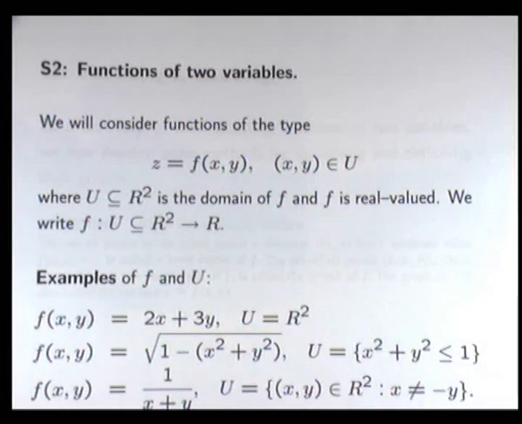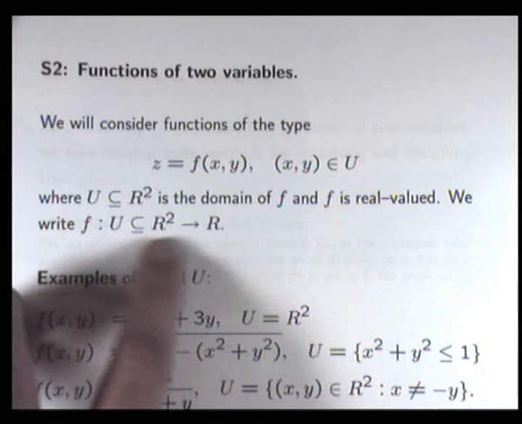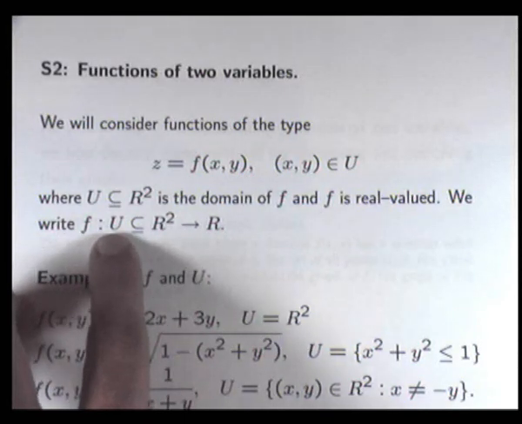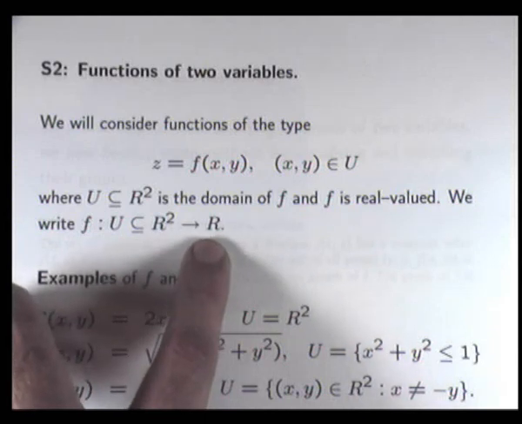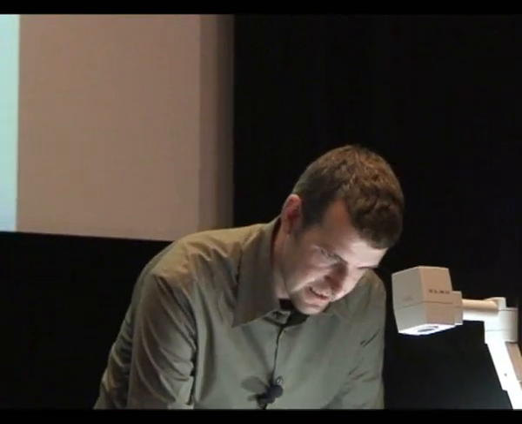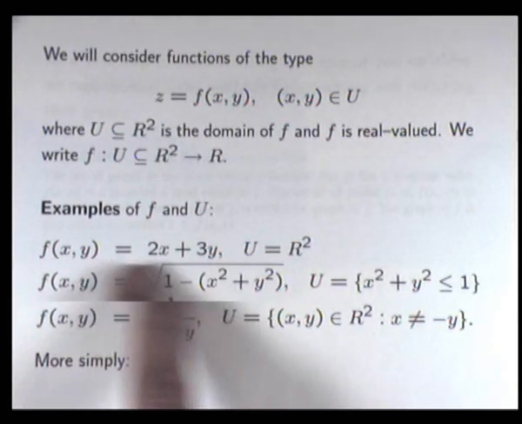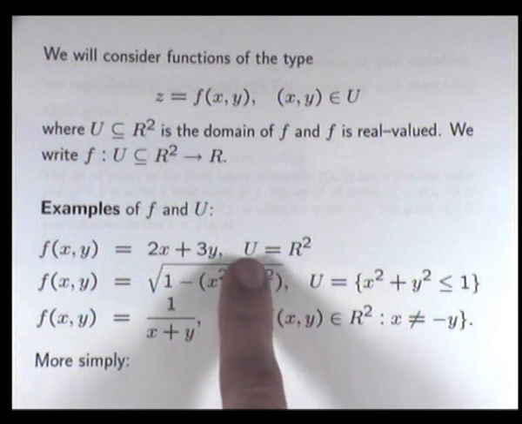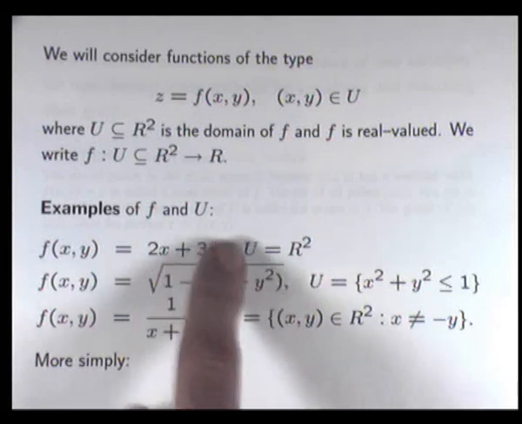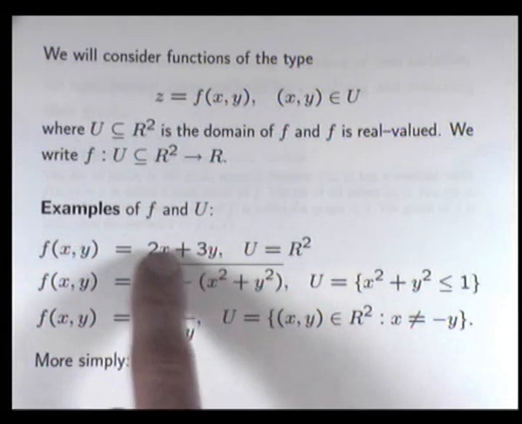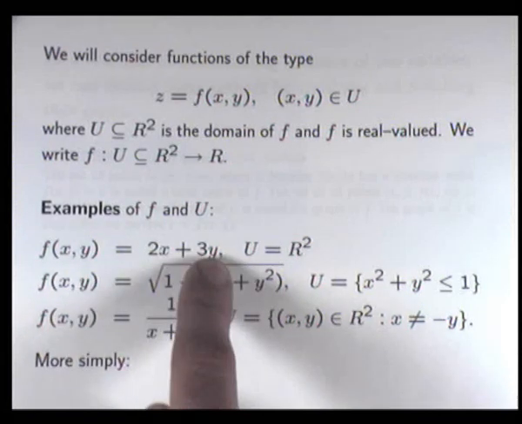So this is how we denote our f with domain U, and f outputs a real number. Here's a simple example: a function of two variables, and you can see the domain here is just the set R squared. So you can input any x and any y into this function, and it will make sense. Any real numbers x and y.